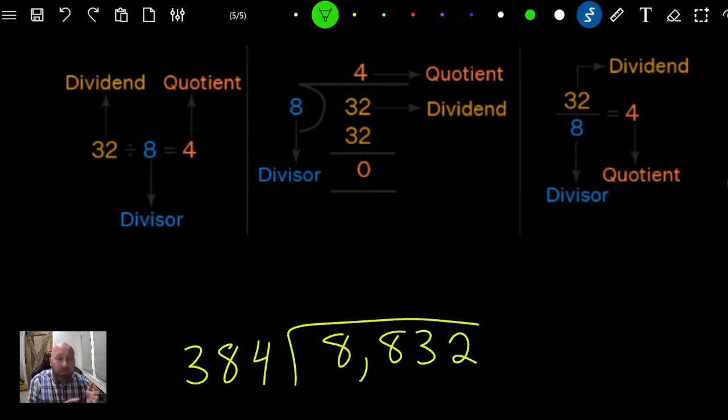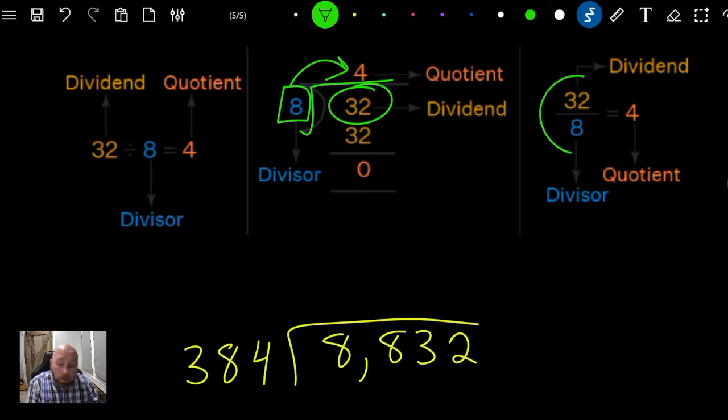So I have 32 divided by 8 equals 4. Maybe you're used to seeing it like this. So you have 32 divided by 8 equals 4. Or you also can have fractions, right? So fractions are division problems. So in this fraction, you have 32 divided by 8 equals 4.